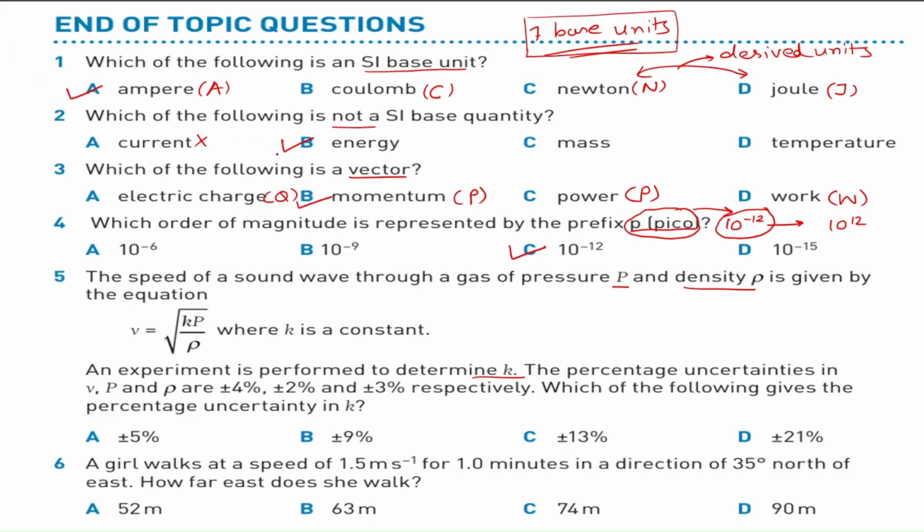So we have a formula, which is V is equal to root of K P by rho.